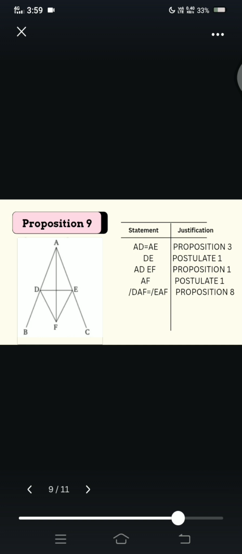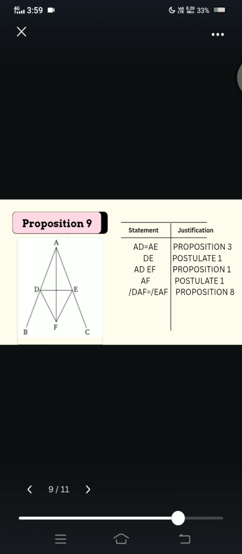So we know that they are equal, and we know that our triangle DFE is an equilateral triangle. So expect na natin na yung sides niya is equal.